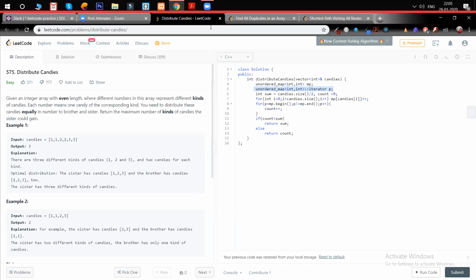Hi. So I have a question, why did you use a map? What's the use of a map over here? We can do it in a set also. Yeah, that's what I'm asking. Which one will be better in terms of time complexity, converting into a set, or just using an ordered map? I think a set would be fine.